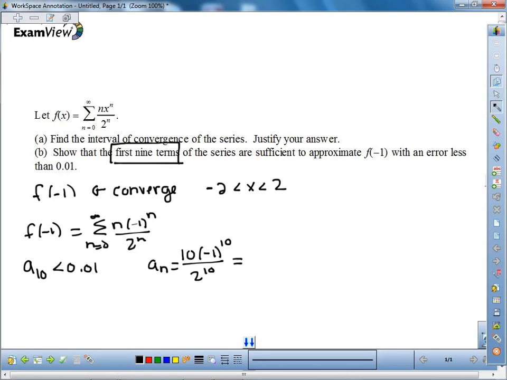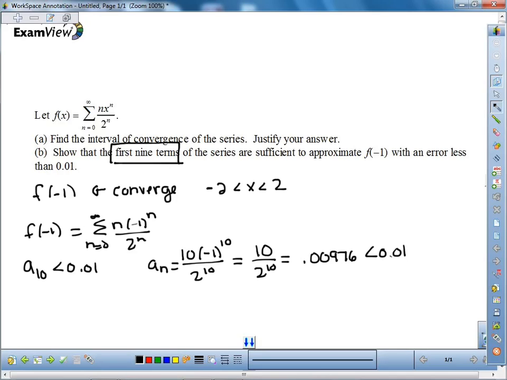So I get 10 over 2 to the 10th, and that is 0.00976, which is less than 0.01. So that means the first 9 terms of the series are sufficient to approximate the series.